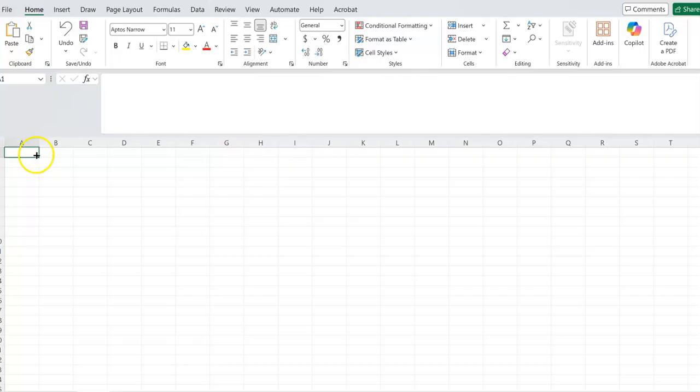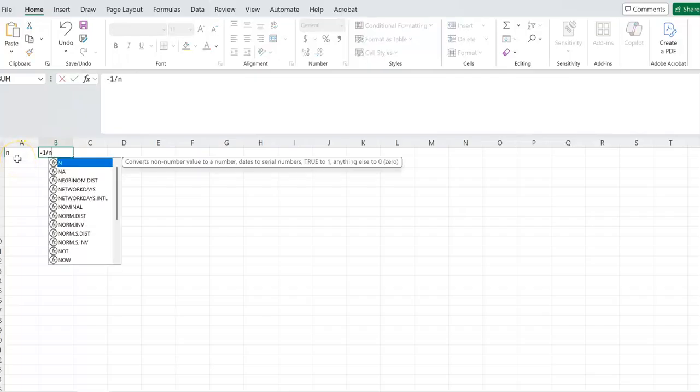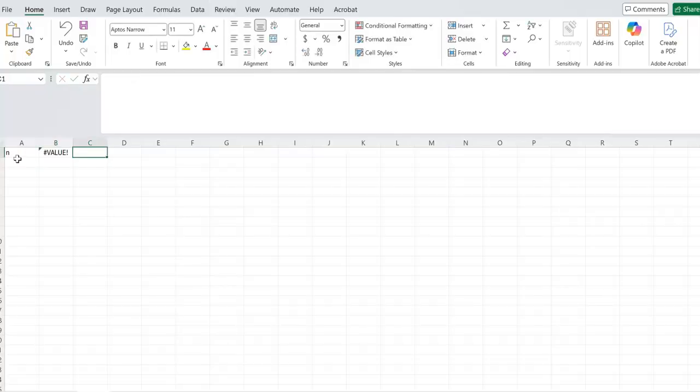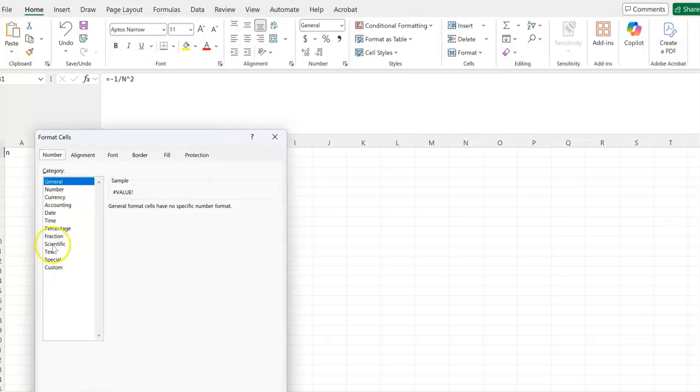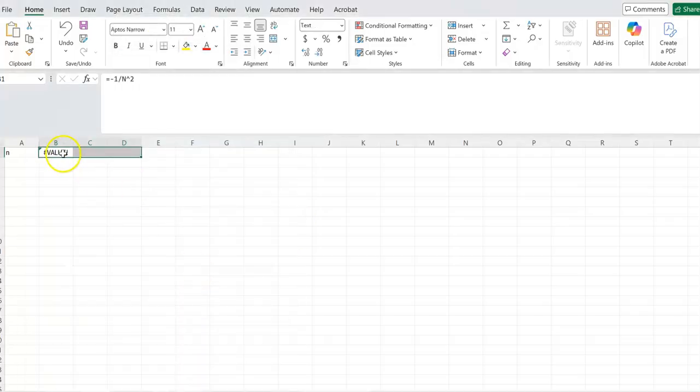We talked about cosine of n over n squared. So I'm going to have a column for n's, and I compared that to negative 1 over n squared. Let me change this to text. So format cells, text. So this is negative 1 over n squared.